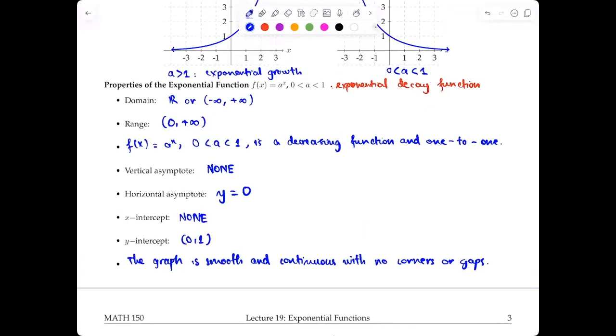Swap horizontal asymptote and vertical asymptote. Again, the answer of that is when you consider logarithmic functions, there's no horizontal asymptote for logarithmic functions, and vertical asymptote is x equals to 0. Got it? All right. X-intercept, y-intercept. Swap. Very simple.